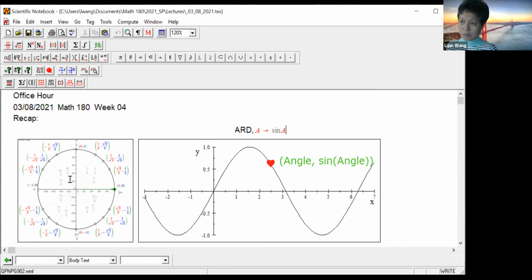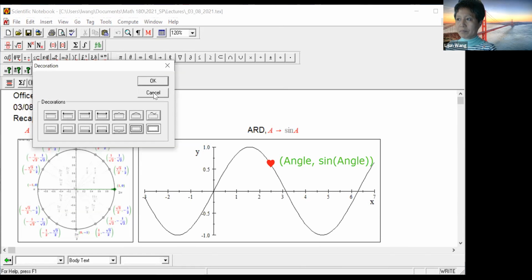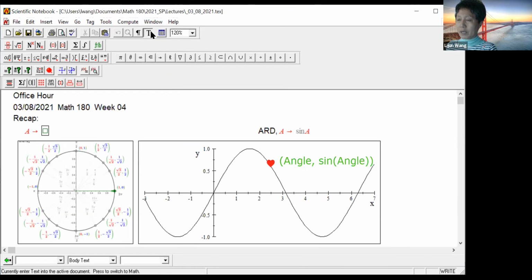Now, from the unit circle's perspective, okay, you're given an angle, and you measure this angle according to definition, either positive or negative. The positive angle is counterclockwise, the negative angle is clockwise, and you measure the angle, right? So we will use the definition, and we also get to ARD.